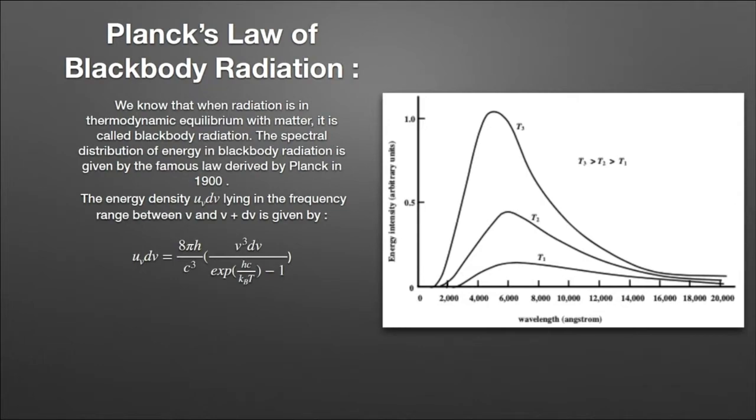The energy density u_ν dν lying in the frequency range between ν and ν plus dν is given by this. This famous law gives us the radiation emitted. We can use it in various astrophysical systems also, like galaxies and stars, to understand how they radiate their light. Next slide.